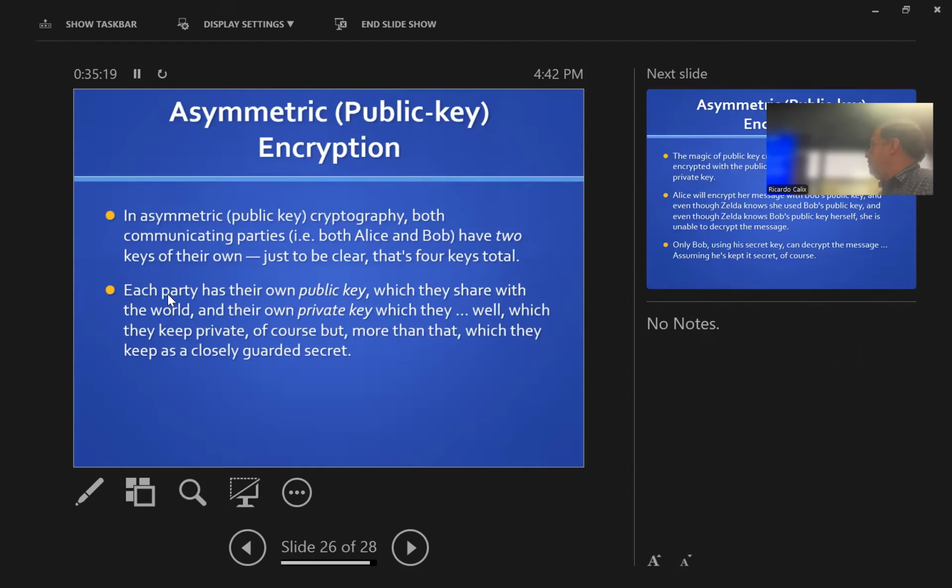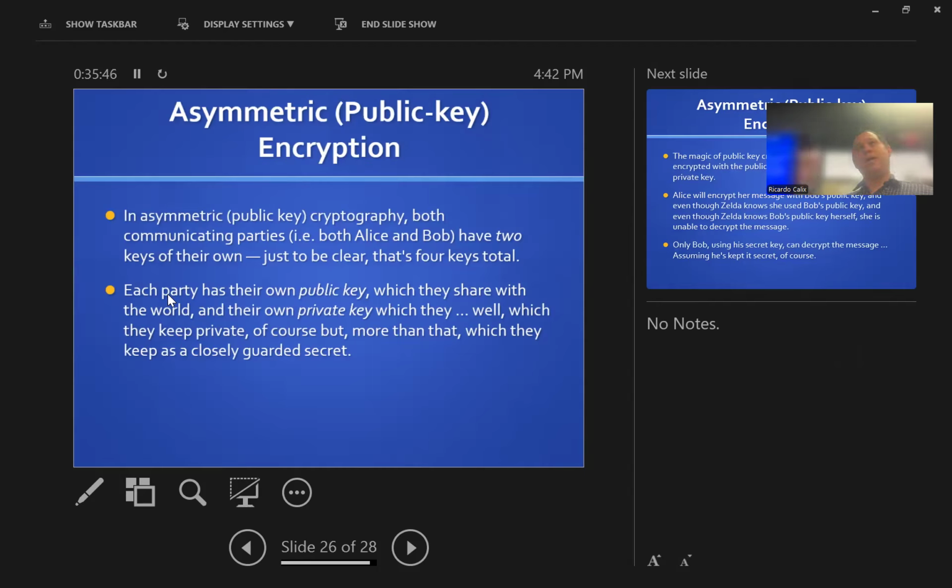So each party has their own public key, this is the other thing also. You create 2 keys. Each of you creates 2 keys, public and private key. The public key is public. That means that you can create your own X account or whatever and put your public key right there, and you tell anyone, hey, if you want to send us a secure message, please use my public key. Do you guys see that?